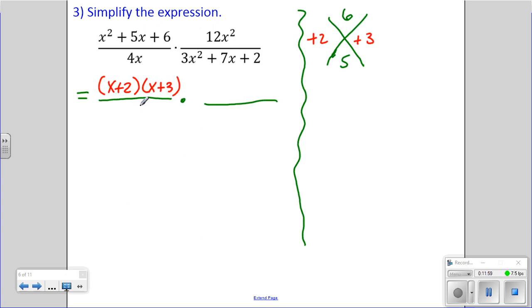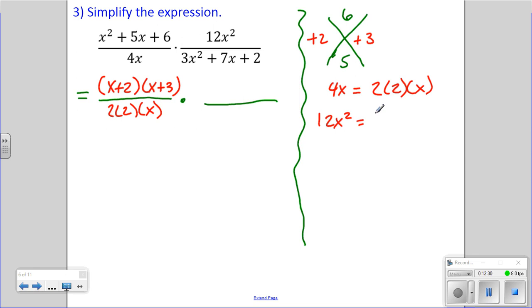Now, for 4x, we know that 4x is equivalent to 2 times 2 times x. So let's write it that way at the bottom. 2 times 2 times x. Now for 12x squared, there are various ways to do this one.